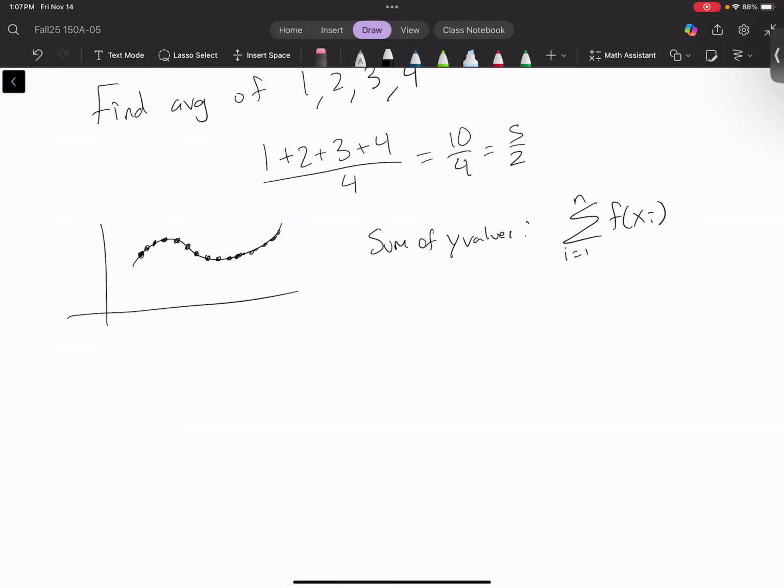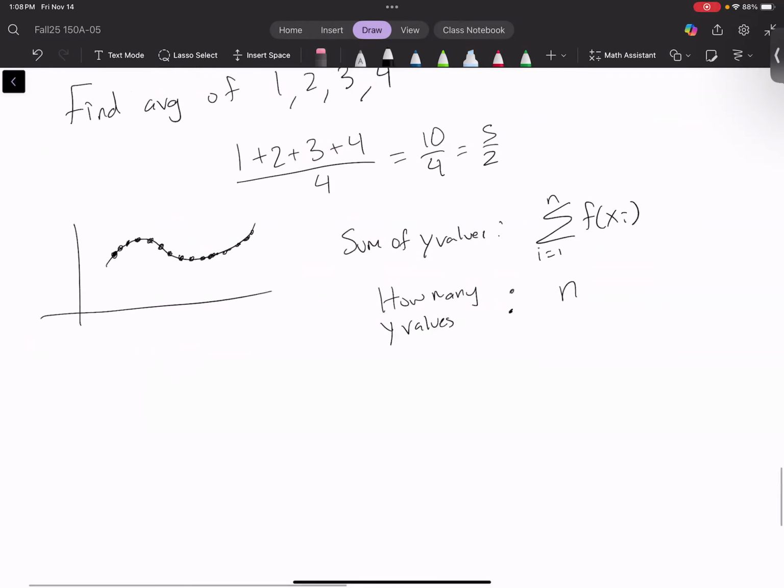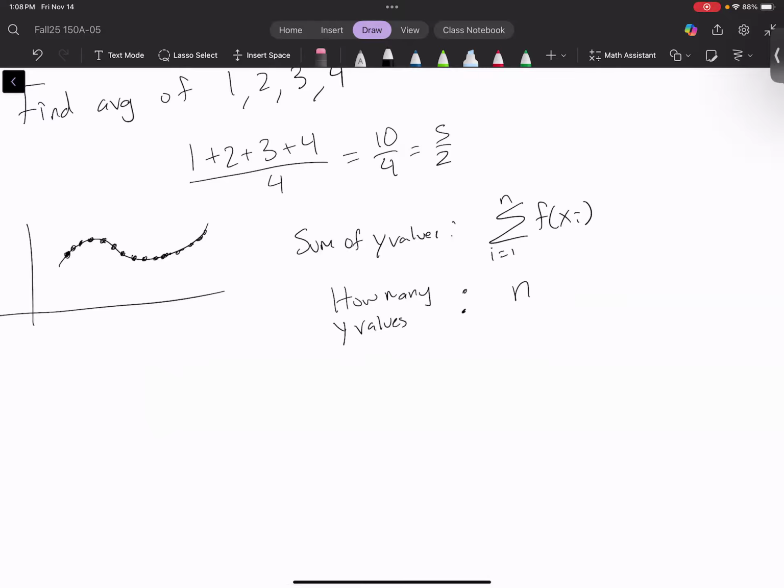And then how many y values are there, right? We're going to divide by how many y values we have. Okay. Well, it's just n, right? We have n points. Okay, so this is n. Okay, so what we're going to do is we're going to recall delta x is b minus a over n.